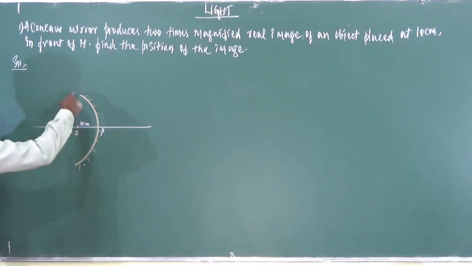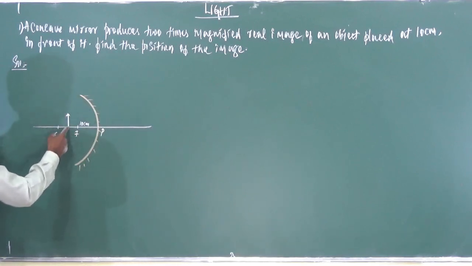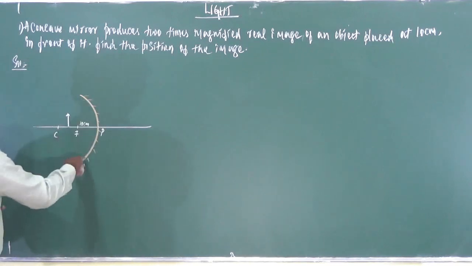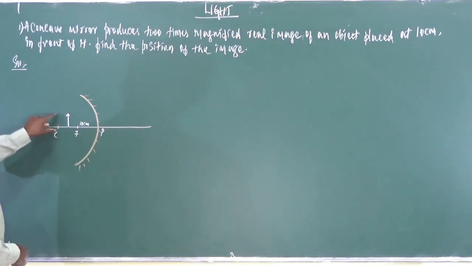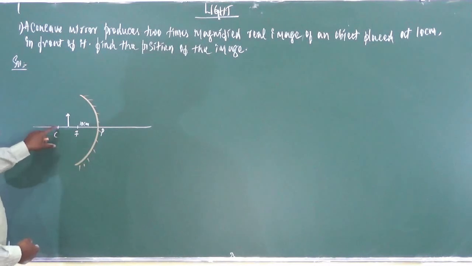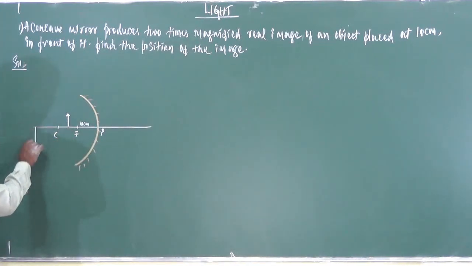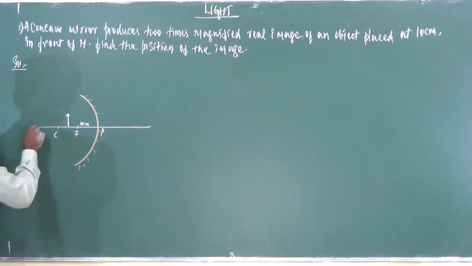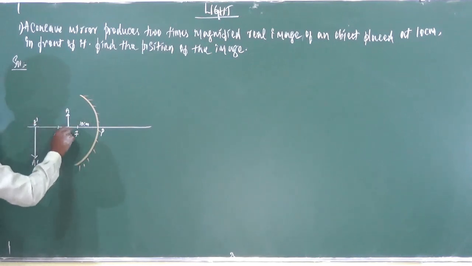See, because in a concave mirror, if you place the object between C and F, then the image formed by the mirror will be bigger than the object. At C, if you place the object, the image will be equal to the size of the object. So if you want the image to be bigger than the size of the object, the object has to be placed in between C and F, so that the image you are going to get is beyond C. This is where the image is formed, that is A dash B dash, this is AB.